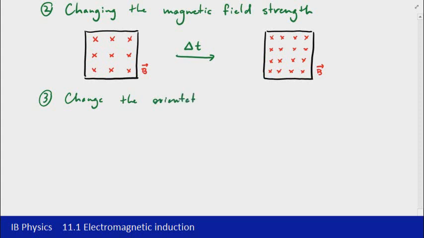So keeping in mind that a magnetic field is a vector quantity, we can change the direction and therefore have an effect on the change in flux.